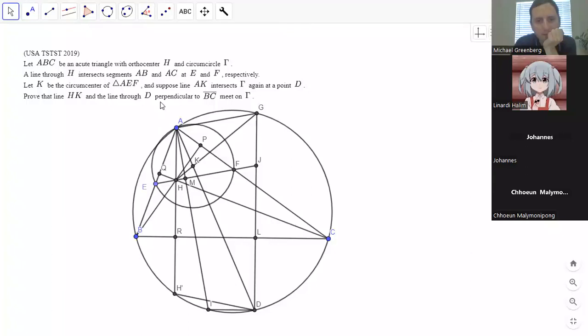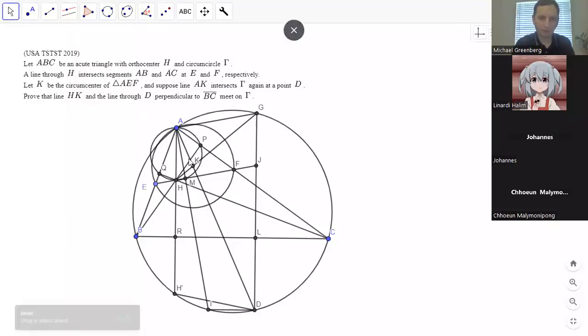And this would be cyclic. We'd have two cyclic quads. But K wouldn't lie on that circle. I wish it did.